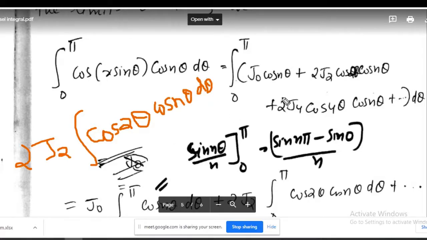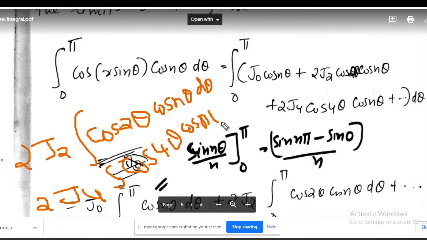First this term. Then we have 2J4 integral cos 4 theta cos n theta d theta.